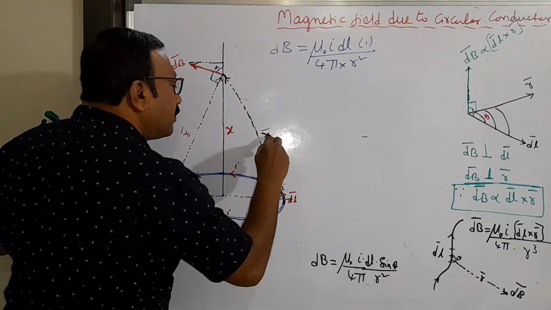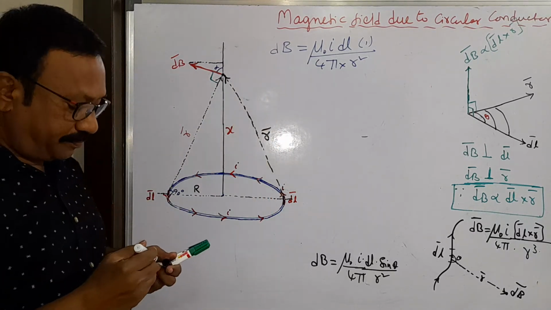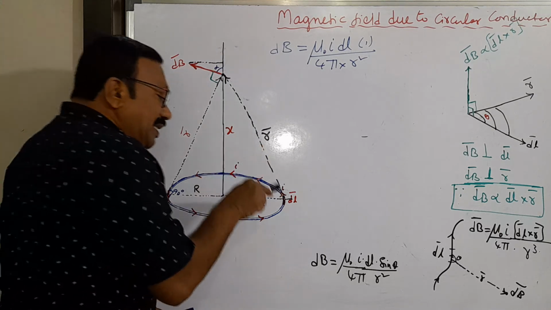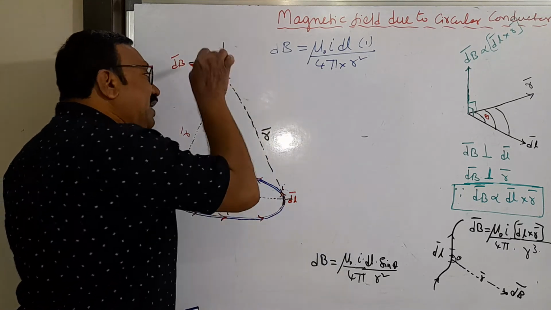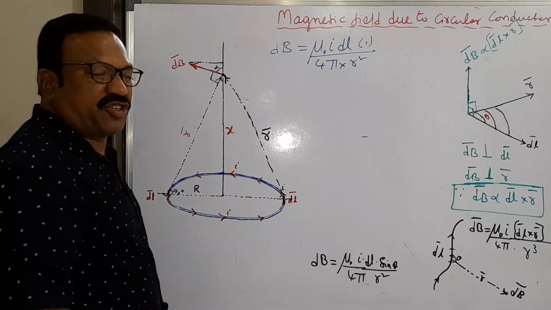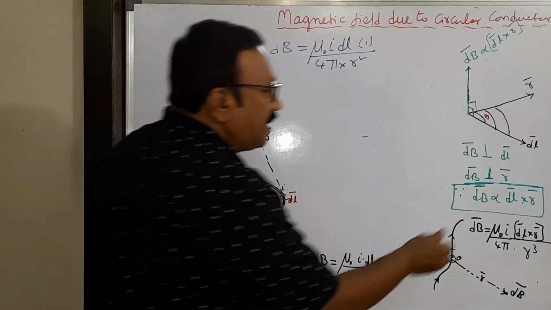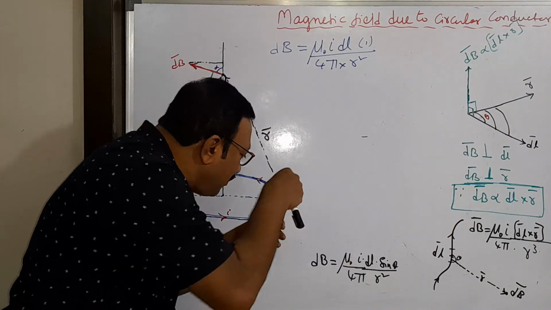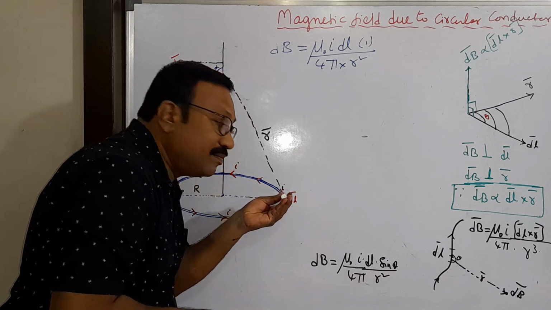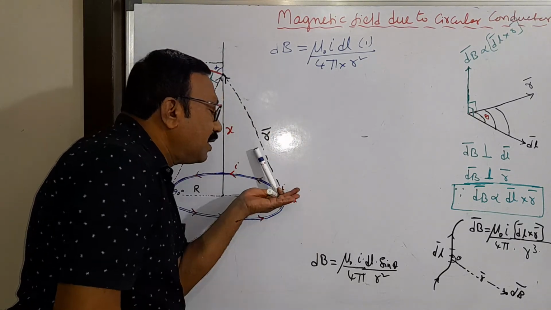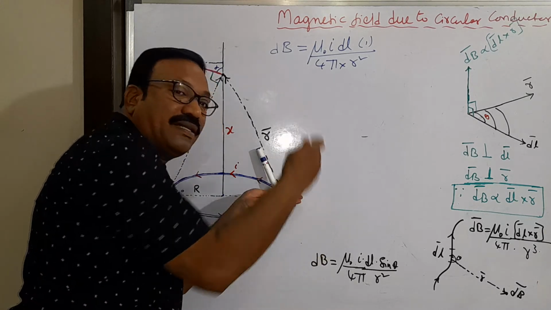Fine. So due to this current element, the magnetic field at this point I want now. Direction especially. So shall we do dl bar cross r bar? Okay. So dl bar is inward, current is going inward. Right? This is r bar. So this is dl and this is r.